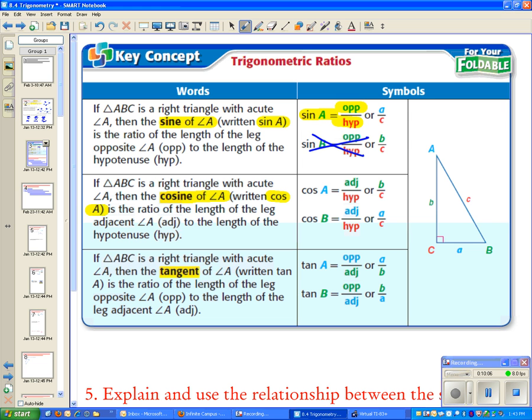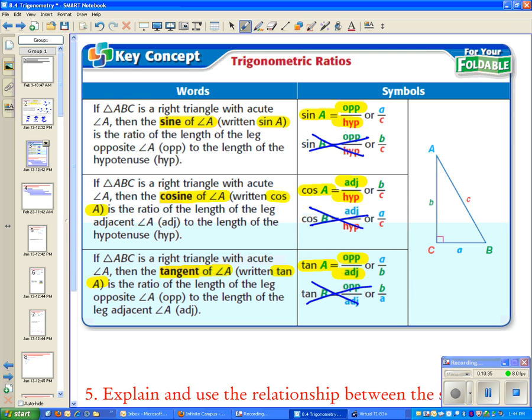It's not called cos. Be grateful they allow us to abbreviate it in writing. We don't abbreviate it when we say it. It's cosine A. Well, that's our name for adjacent over hypotenuse. We won't worry about B. And then the tangent of angle A is written as tangent A. That's the one that's opposite over adjacent. And I won't worry about B yet.